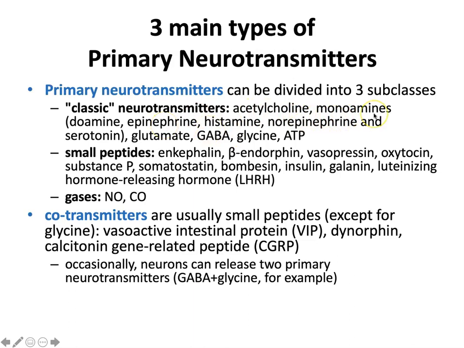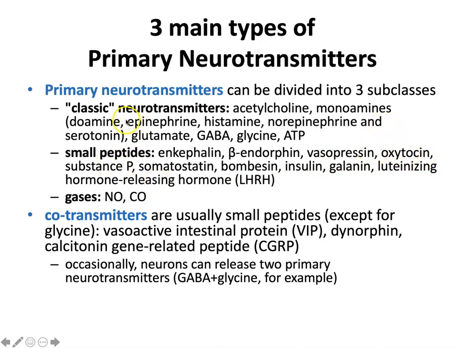There are some monoamines in this classic group. These are the ones that we tend to focus on because they are often used within the human nervous system. But then there are also small peptides, and you can see there are quite a few here. Oxytocin is one of my current most interesting ones that I'll try to bring some more recent research into our discussions with oxytocin.